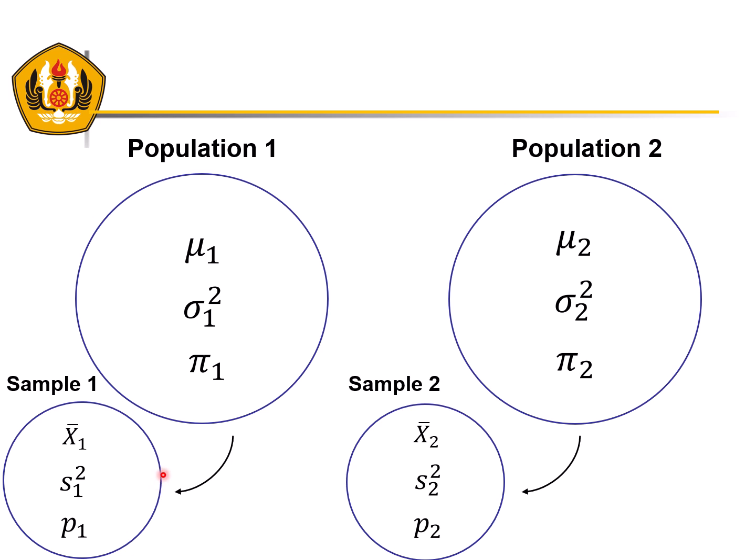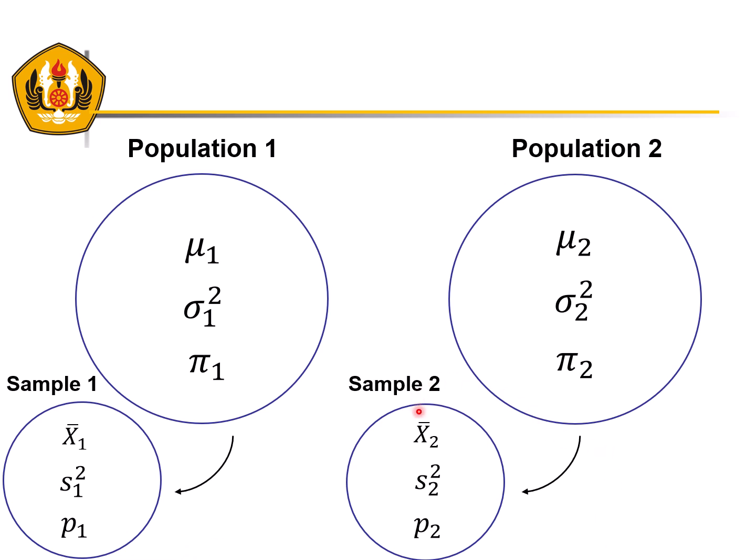In each sample, after we observe n samples as the sample size, we can compute x bar 1 as the mean for sample 1, s squared 1 as the variance for sample 1, and also the proportion for sample 1, which is notated by P1.